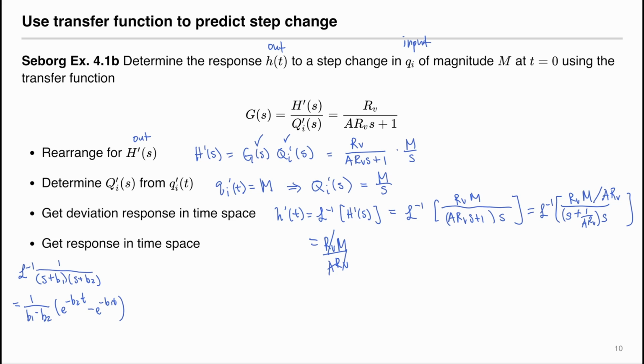From the Laplace transform table we identify b1 equals 1 over A R V and b2 equals 0.